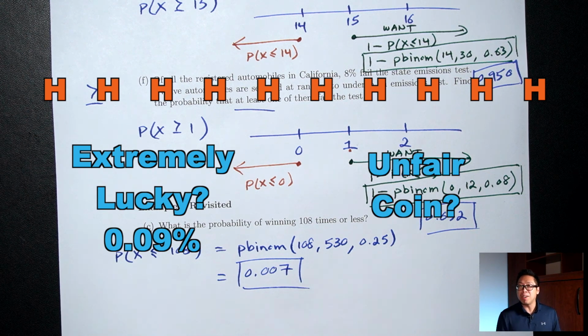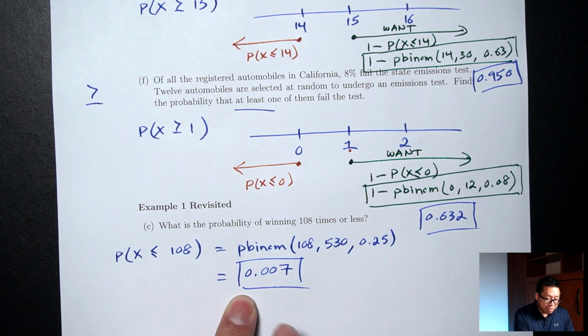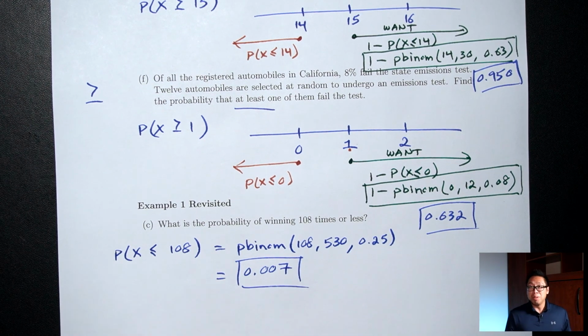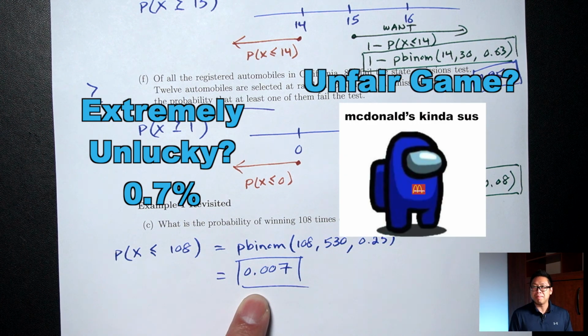The coin is not a fair coin. Here, because this probability is so low, what this is saying is that either we are just super unlucky to win only 108 times, or McDonald's is doing something shady.